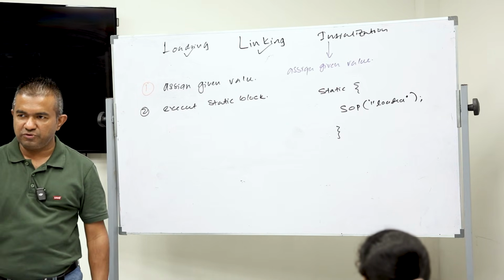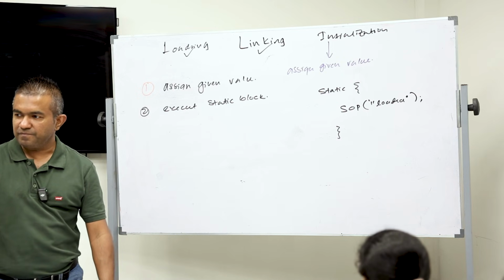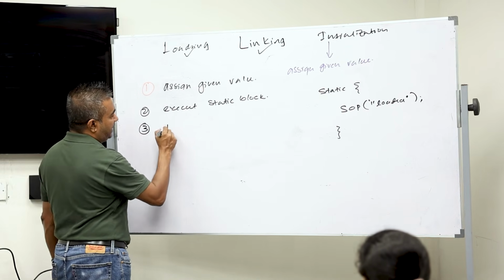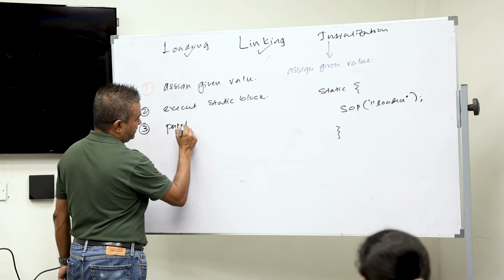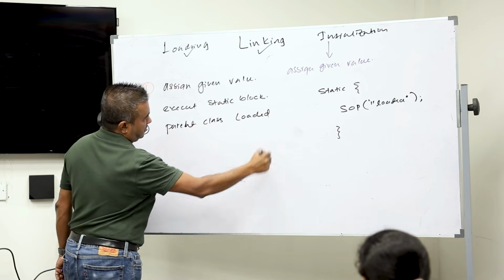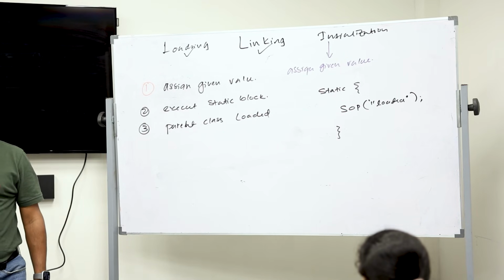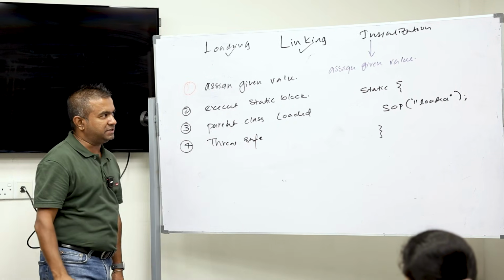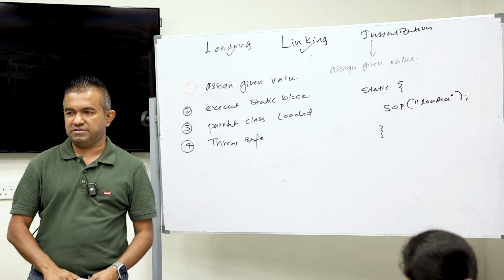Also, it makes sure the parent class is loaded first. This is the stage where it makes sure the parent class is already loaded to move forward. And this is also thread safe, which means it's guaranteed only one thread can run the initialization stage.